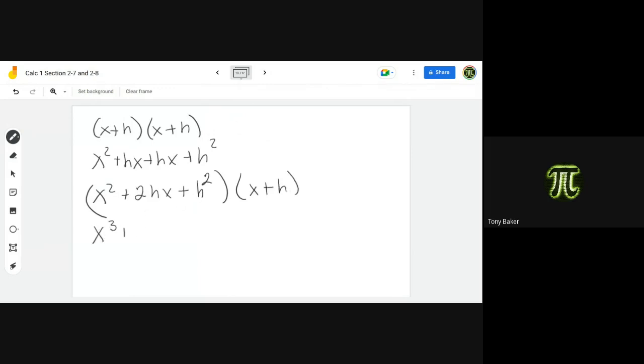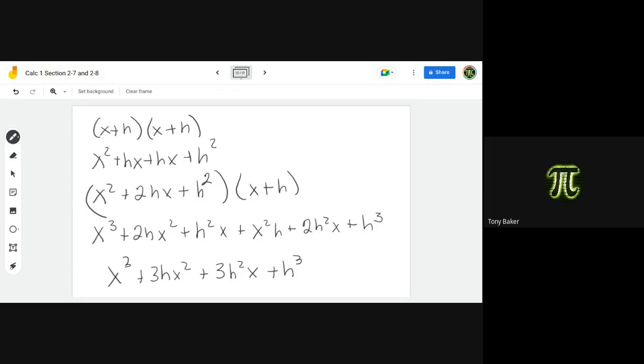So x to the third plus 2hx squared plus h squared x plus x squared h plus 2h squared x plus h to the third, which comes out to be x to the third plus 3hx squared plus 3h squared x plus h to the third. But as you can see, there's a lot of little places you can screw it up.